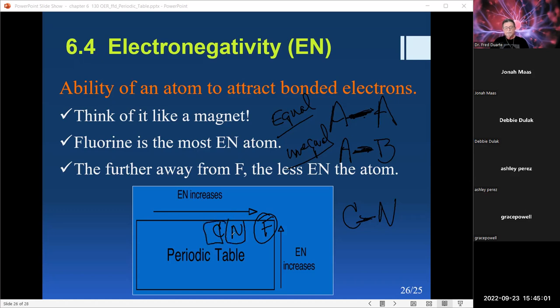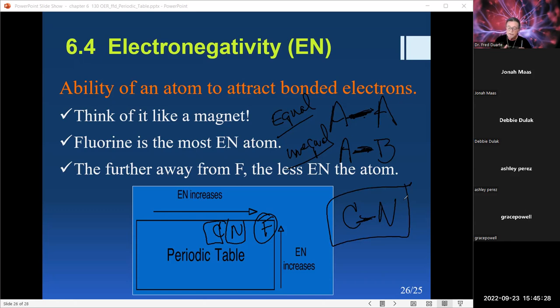We find the position relative to fluorine. Whoever is closer to fluorine has the higher electronegativity. Nitrogen is closer to fluorine, therefore nitrogen has the higher electronegativity. And so nitrogen in this example would pull the electrons in that bond closer to itself, okay?